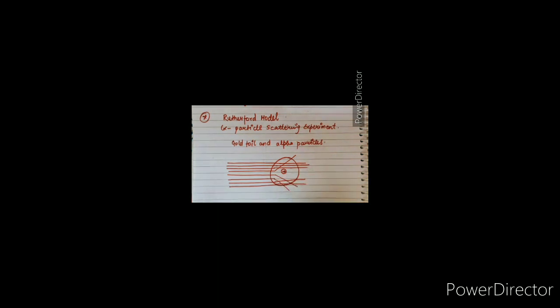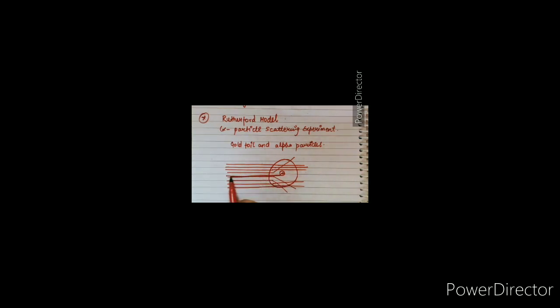Now the third one, a very few alpha particles return back in their direction. That means they were reflected by 180 degrees. They do not cross the atom like the first ones.